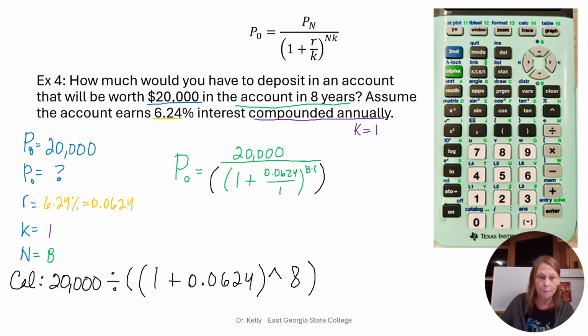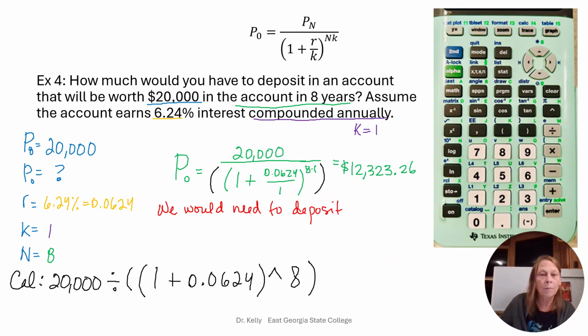When we do that, the answer we get is $12,323.26. So our sentence here would be that we would need to deposit $12,323.26 each year.